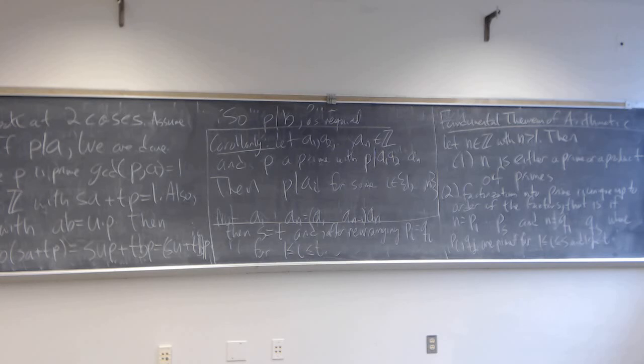The alternate version is, if n is in Z, which is greater than 1, there exist unique integers ai, which are greater than or equal to 1, and primes pi, where i is between 1 and s, with some s in Z, s greater than or equal to 1.